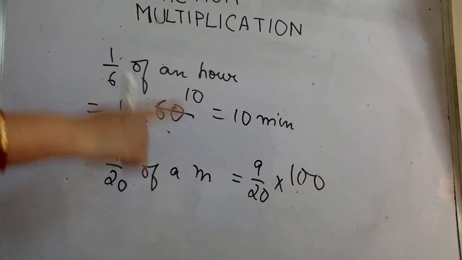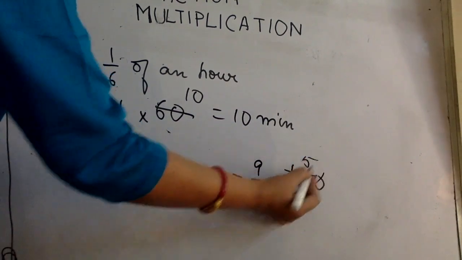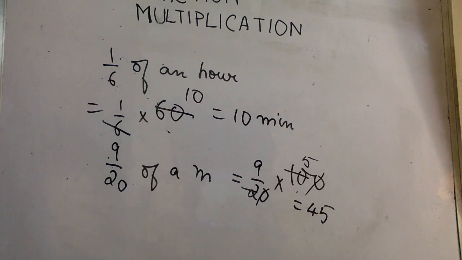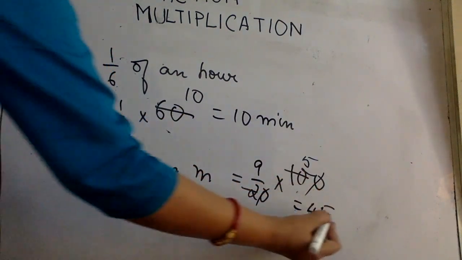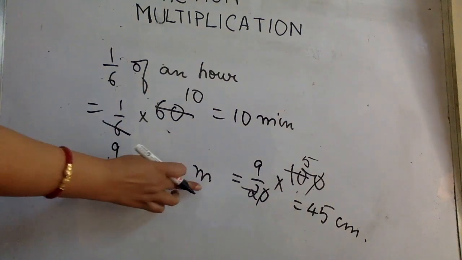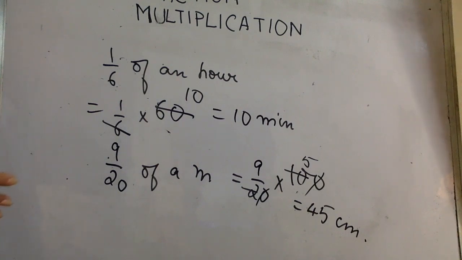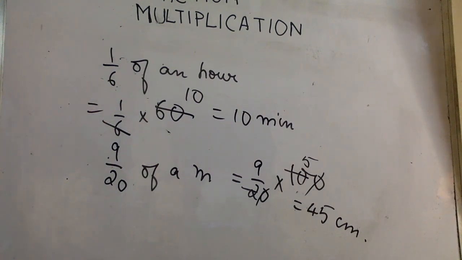So I've converted it to a smaller unit. 20, cut the 0, 2 and the 5. 9 into 5 is a 45. So it is 45 what now? Centimeters. Okay, so my answer, though they had asked it here in meters, my final answer is going to come in centimeters. So that is 45 centimeters.